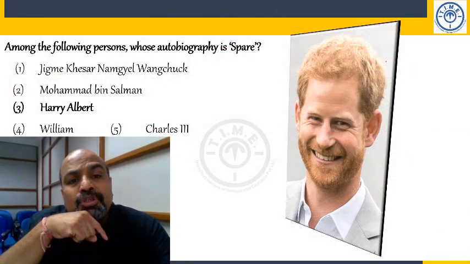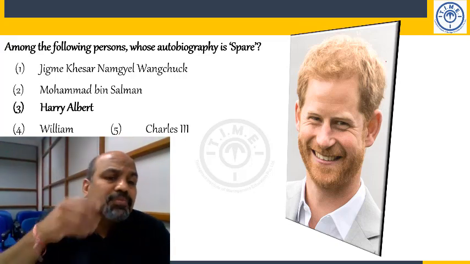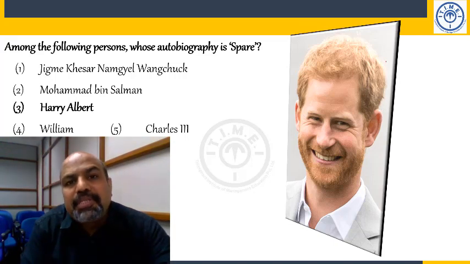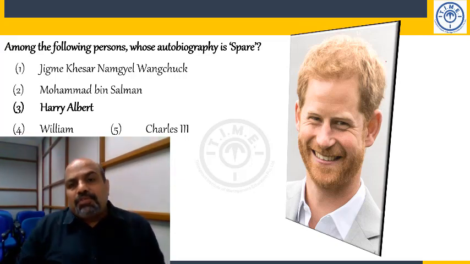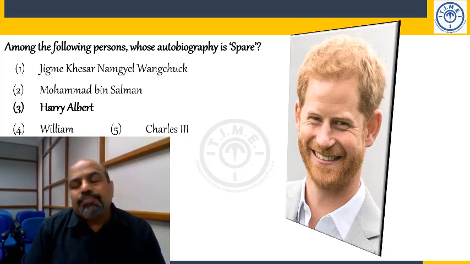Among the following persons whose autobiography is Spare, this is Prince Henry Charles Albert David. That's his full name. He is one of the two sons of the British King Charles the Third.